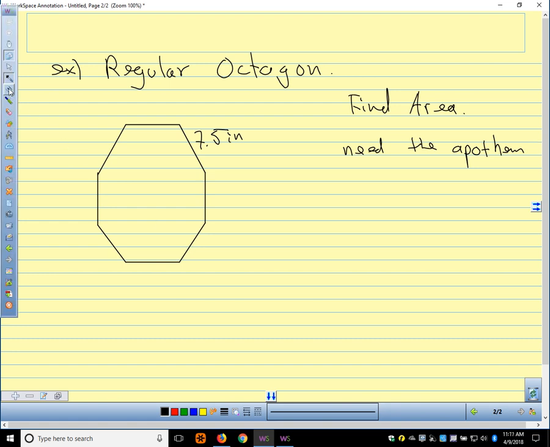Well, let's draw this little triangle here. Here's my center. There's the apothem. And I drew in a radius also. Well, what does the apothem do to this side of the polygon? Cuts it in half. So this is half a side.